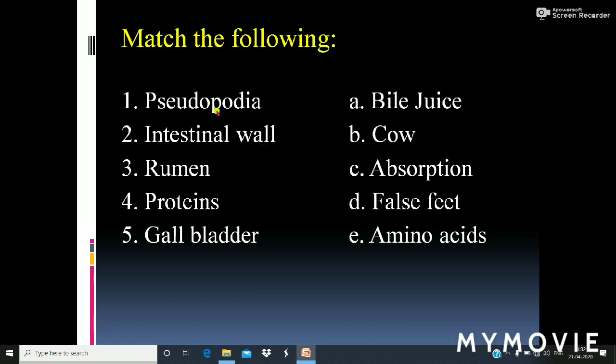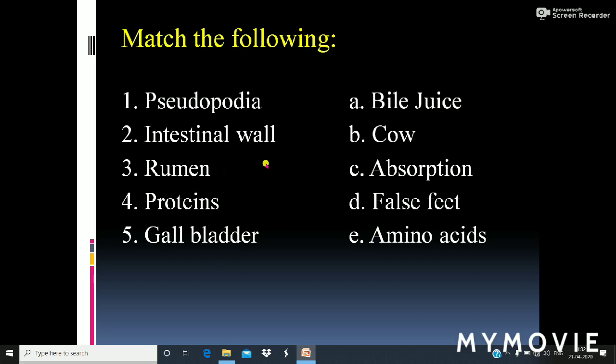Another type of question asked is match the following. You see 1 to 5 here, and you have to match these with A, B, C, D, E. Suppose I'm just explaining that this is pseudopodia. You find out where pseudopodia is present and what it is known as: the false feet. And intestinal wall, what does it secrete? You have to know this.